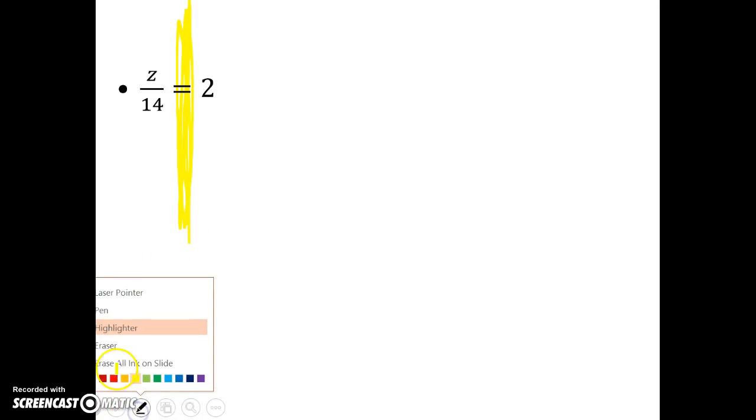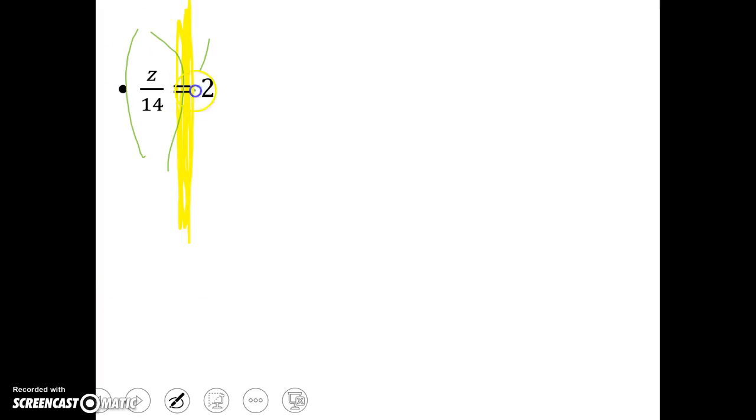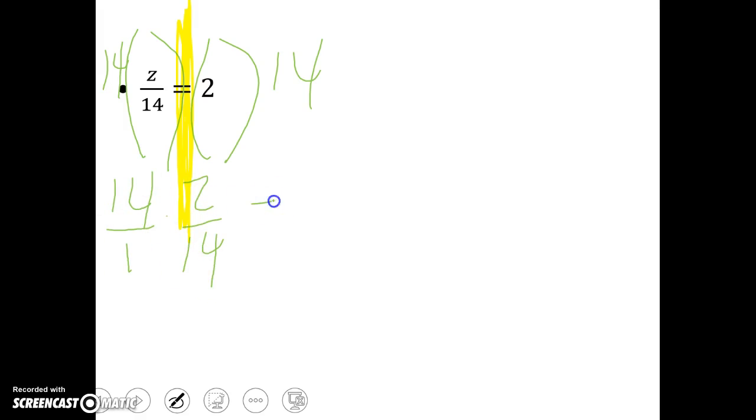I'm going to do it two ways, okay? I'm going to do it the first way, which is the way that we normally do it. I'm going to multiply by showing the parentheses, 14 and 14. That's 14 over 1 times z over 14 equals 2 times 14.